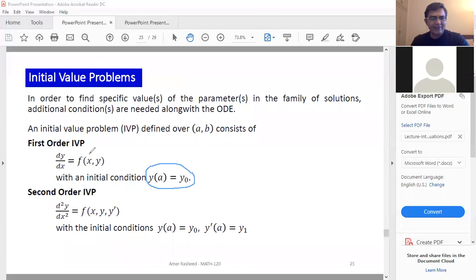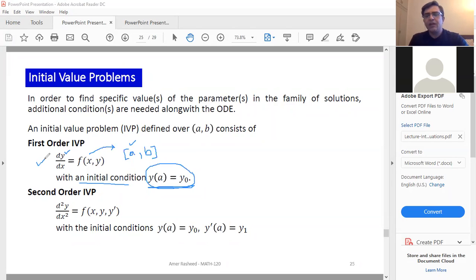For example, if x is defined on this interval a, b, then this differential equation is defined along with some initial condition. Initial condition means we know the value of y at the starting point of the domain, y at a. This is an additional condition which is given along with the differential equation.